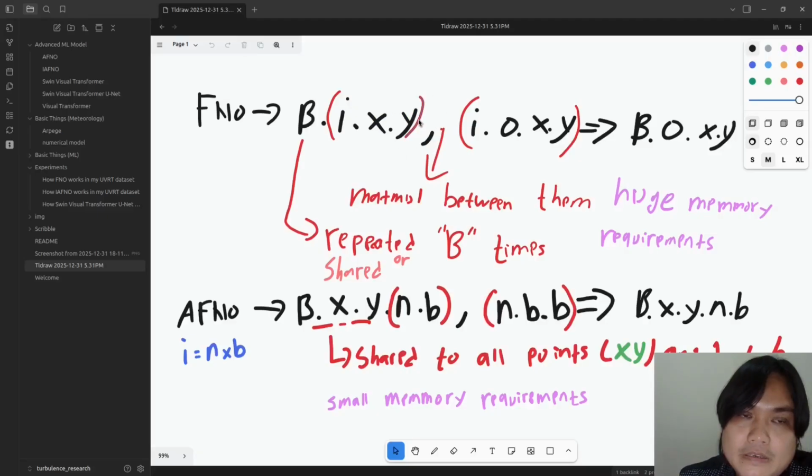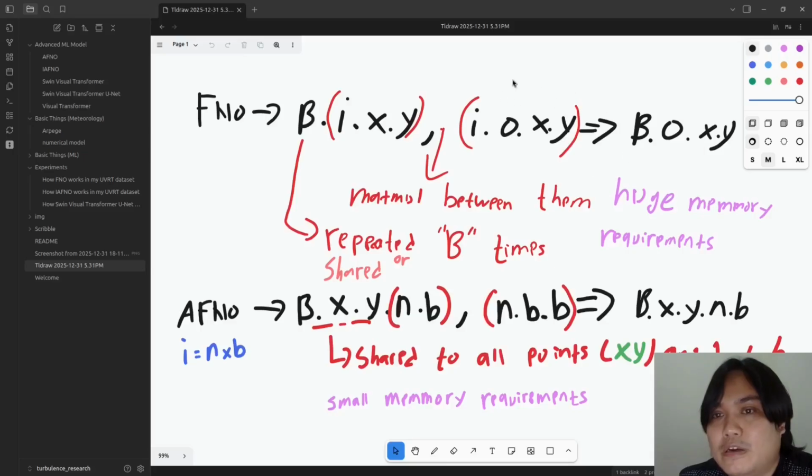If we multiply it, the dimensions involved in the matrix multiplication will be I, X, and Y, of course for all of the weights, and this multiplication will be repeated B times.